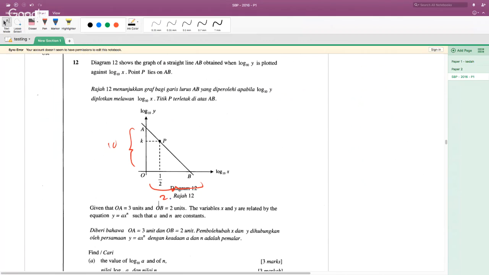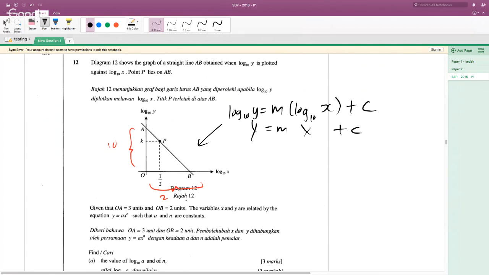So what I will do over here is, if I want to form an equation from here, I will say this is log 10y equals to m log 10x plus c. I mean log 10x, not log x. This is y equals to mx plus c. And obviously the question actually gives us one equation, which is this one, y equals to ax to the power of n. Since I want log 10 for both sides, I'll add the log 10 for both sides by myself.